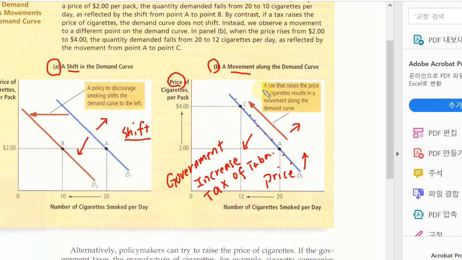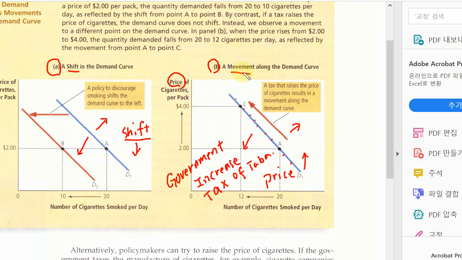The shift and the movement should be distinguished because the two concepts are different. Then why do we call it a shift? Because the demand curve itself moves entirely up or down. The reasons are quite different from movement also.